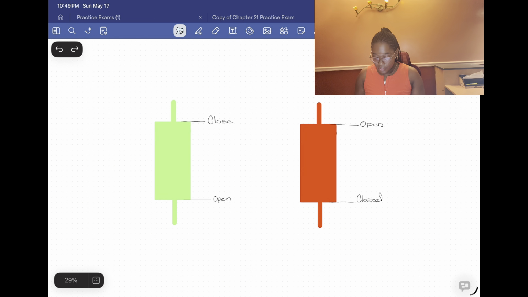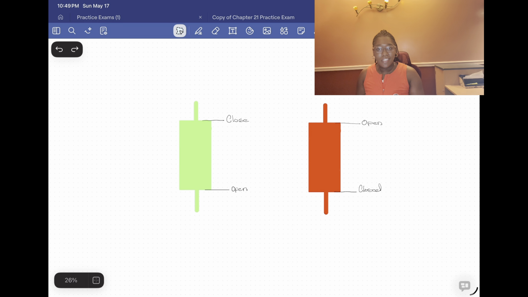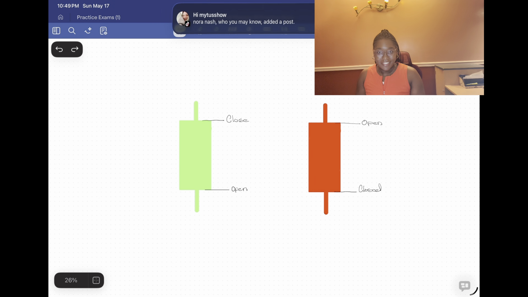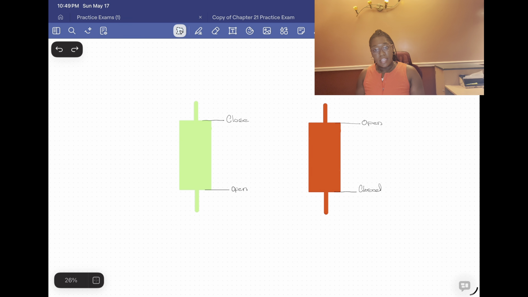Okay, so I hope that makes sense. So yeah, easy enough. So now that we've gone over just the basics of what an individual candlestick means, both for green and for red, and what that means for price action, where it's moving, now I want to connect that to what a trend looks like.